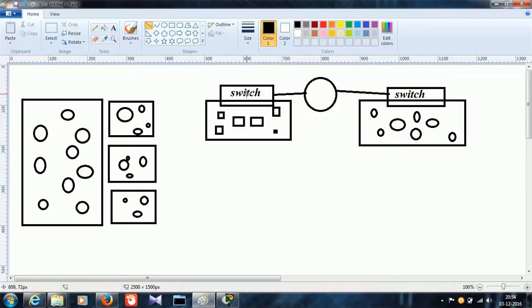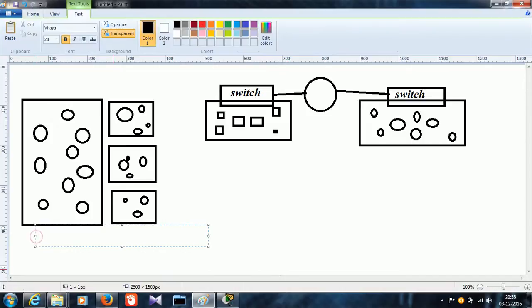That's why they can communicate with each other. Why? Because they are in the same VLAN. Let's consider this VLAN 1, the native VLAN of Cisco. Yes, VLAN 1.